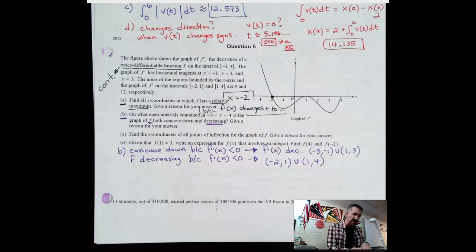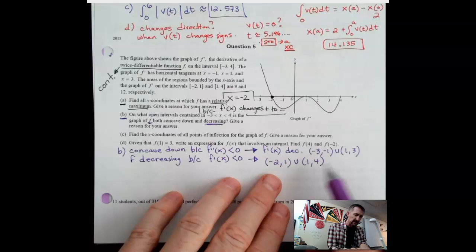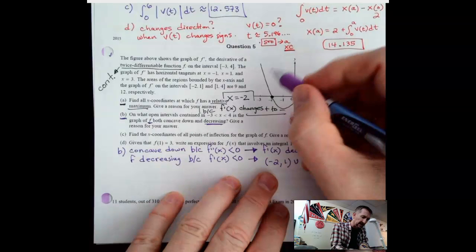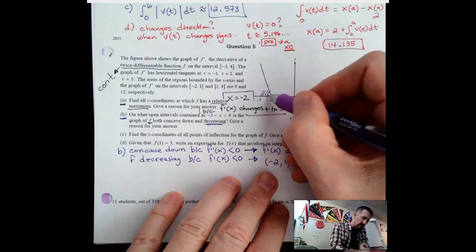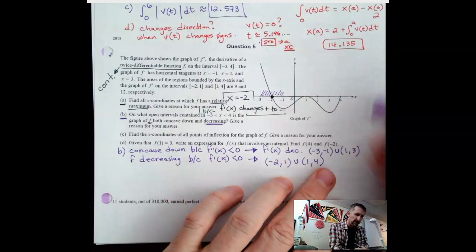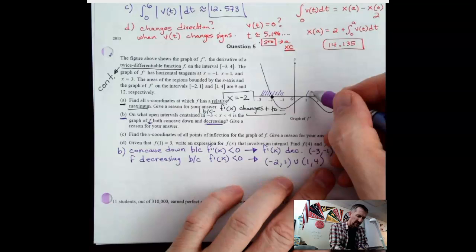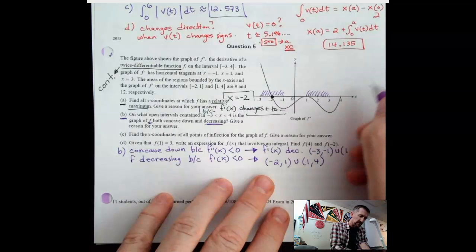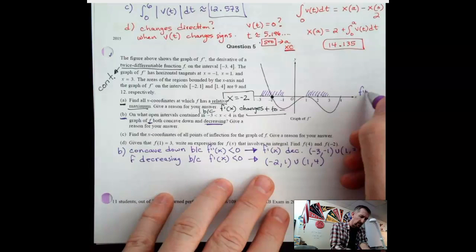So where do we have both of those things? So -3 to -1 is here, and 1 to 3 is here. So that's f double prime less than 0. And below here, I'm going to put f prime less than 0.